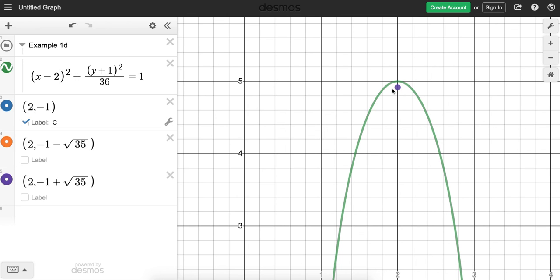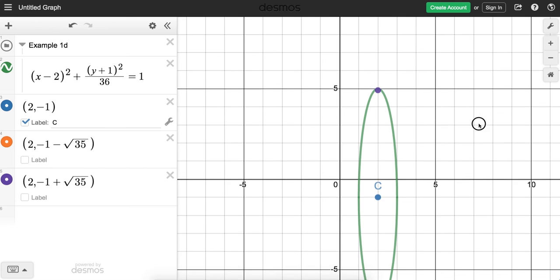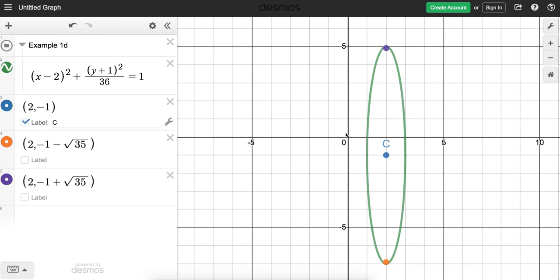However, there is a slight difference there. In fact, the closer the foci are to the edge of the ellipse, the more distorted it'll get. So in this case, we have a very, very close distance between our vertex up here and our focal point, which is going to really warp how tall the ellipse is compared to how wide the ellipse is.